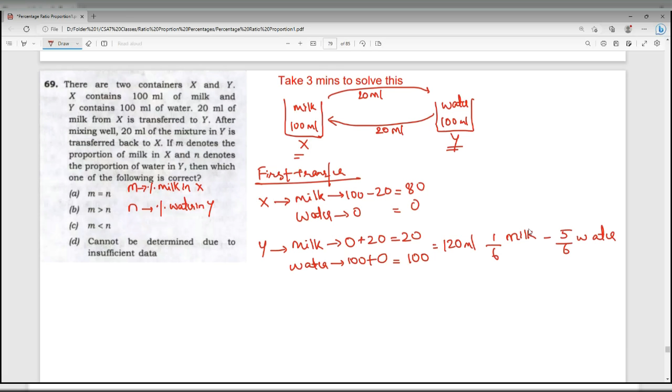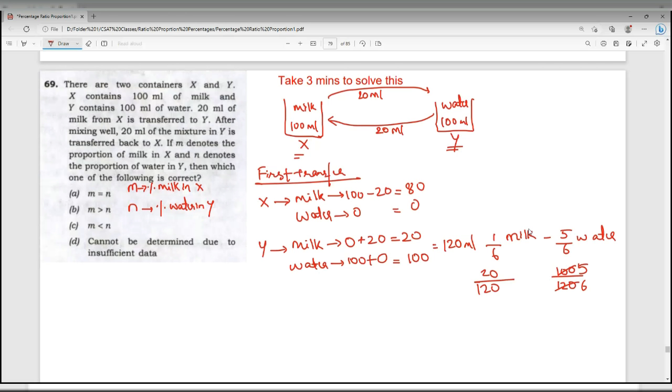The total milk was 20 and the total volume was 120. This is 20 ones are 1/6. And the total water was 100 out of 120, this is 5/6. So 1/6 is milk and 5/6 is water.